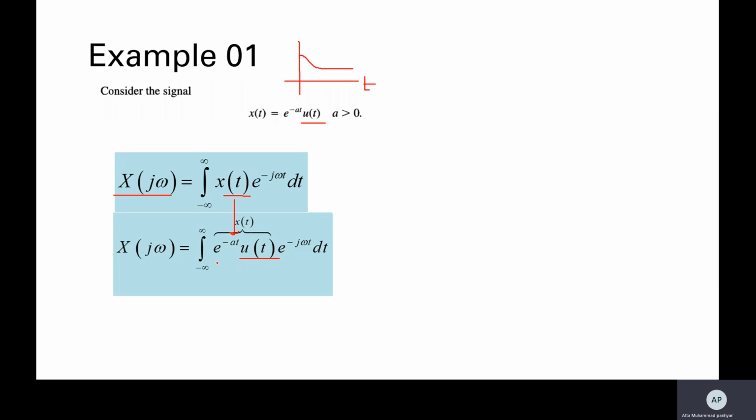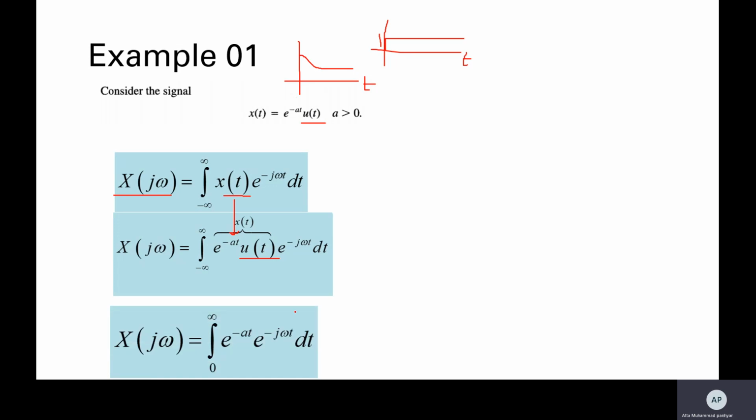This would reduce the integral to 0 to infinity because u of t is only defined from 0 to infinity and its amplitude is 1. So this integral would be reduced to the integral from 0 to infinity of e to the power minus at e to the power minus j omega t dt. Now we know these bases are the same, so their powers are added and we get this value.